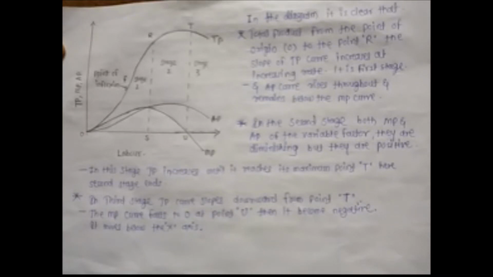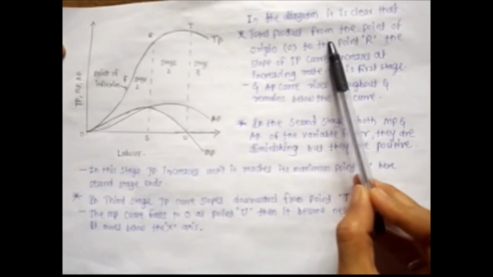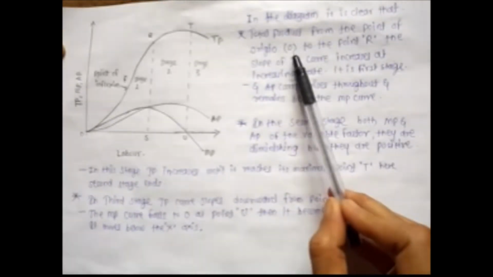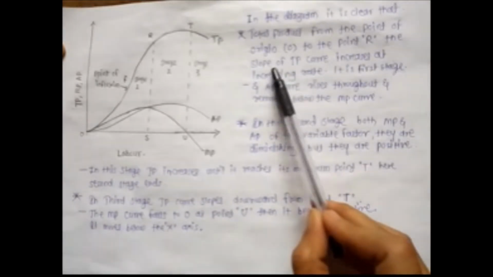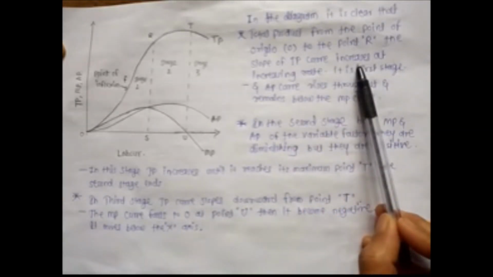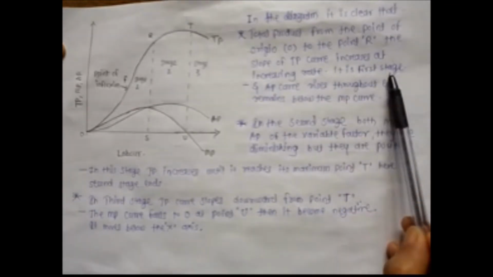Students, if we observe this diagram, then it is clear that the total product curve from the point of the origin, meaning O to the point R, the slope of the total product curve increases at an increasing rate. It is the first stage.